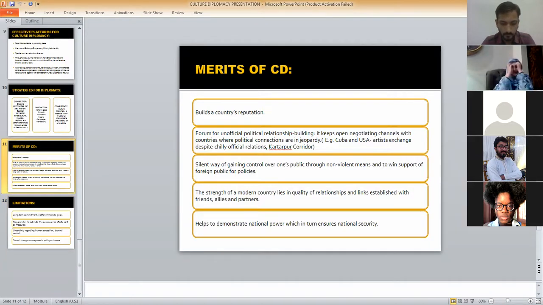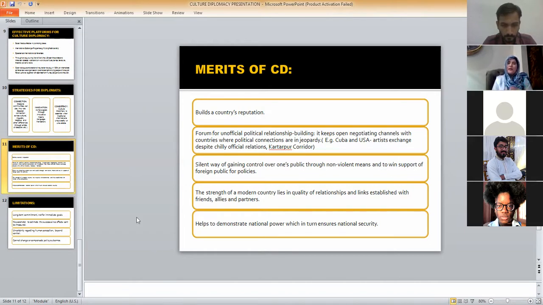is of cultural importance for the Sikh community living in India. So it's people-to-people contact that can help in building a new, better relationship between countries which had a bitter relationship previously.